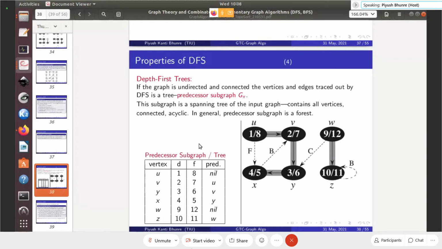One of them is the topological sorting of the vertices of a directed graph. We'll see today how this finish time can be used to determine the topological ordering of the vertices.